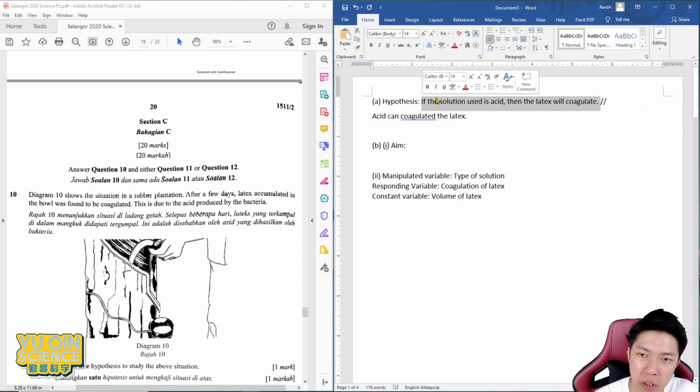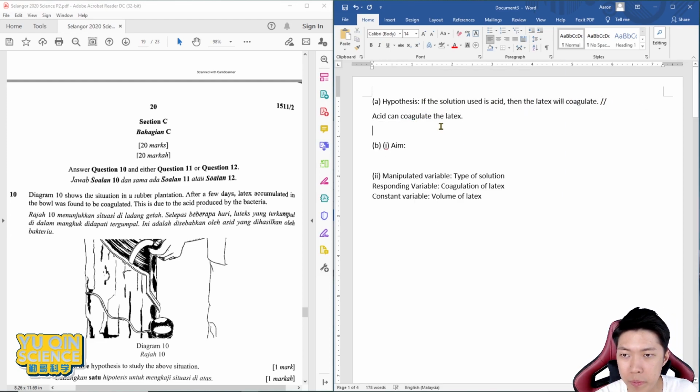I don't like the if then, but both are acceptable. Both acceptable. Okay, can see more accurate lah. I have mentioned the type of solution used, which is my manipulated variable, and I've mentioned the result, coagulate. You get what I mean, right? This way it will be more accurate, I don't have to guess. If you write these two first and then go back to make the sentence, it will be more accurate. At least you have a framework to help you form the sentence, so you won't go off topic or too far.